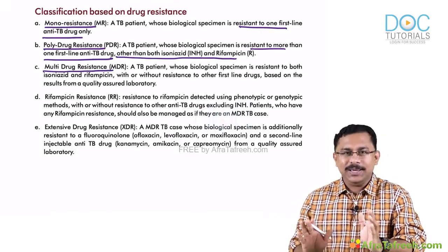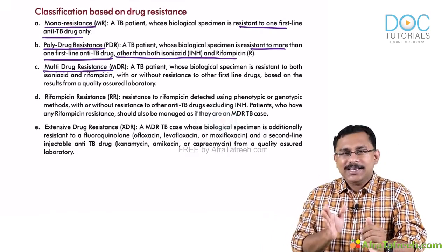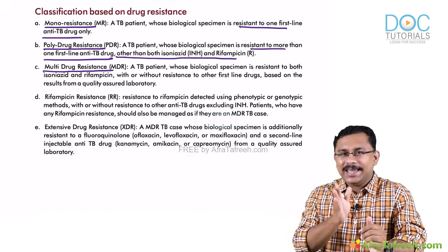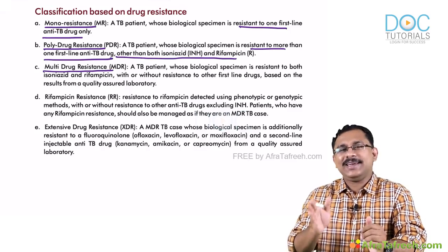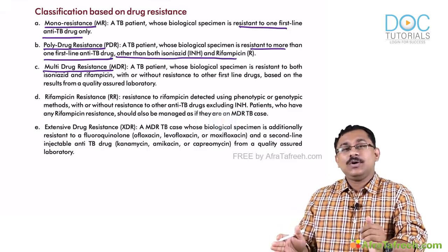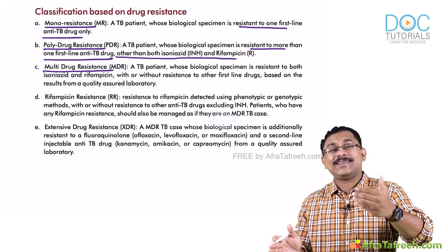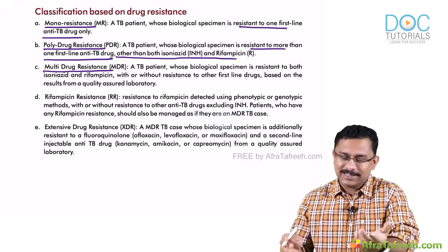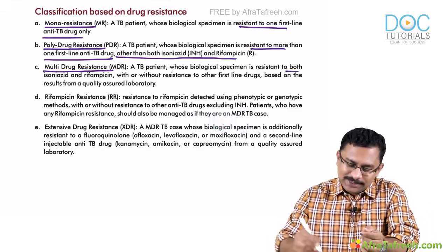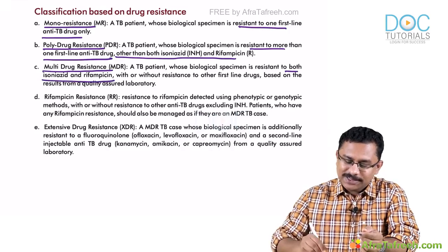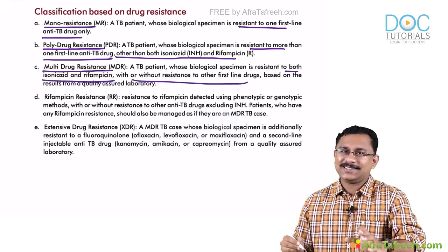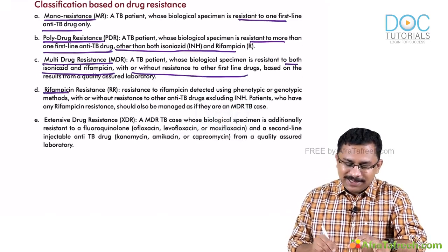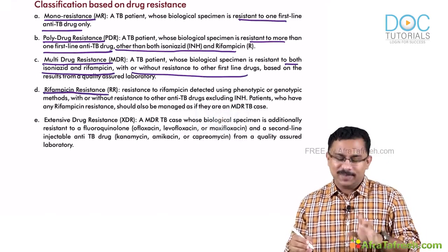Multi-drug resistance means the patient is resistant to INH and rifampicin, which may or may not be associated with resistance to other first-line agents. So resistance to both INH and rifampicin, with or without resistance to any of the other first-line agents. Rifampicin resistance means resistance to rifampicin.